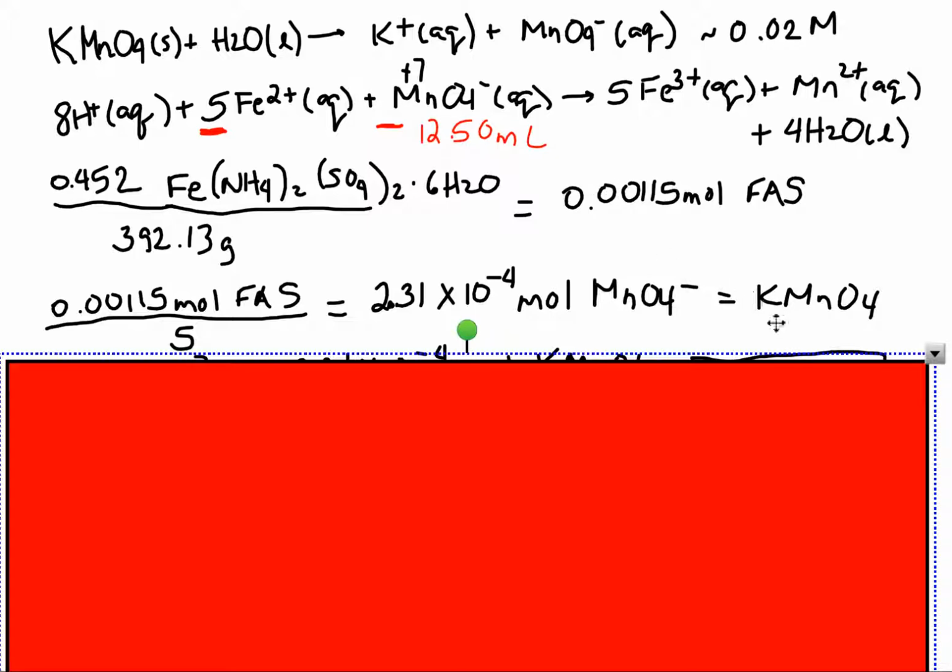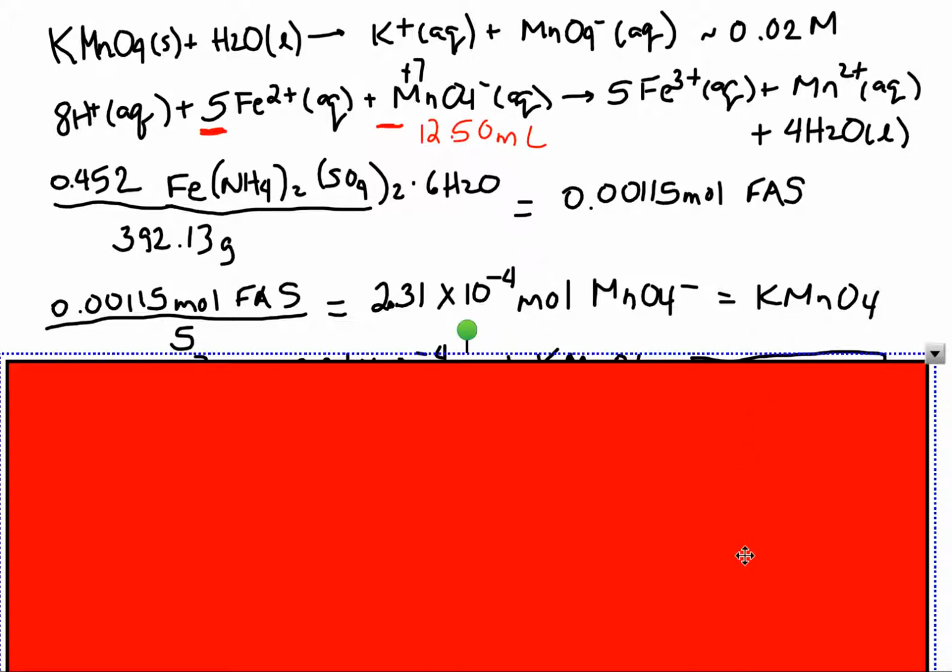But remember what I said, when I'm in moles, the moles of permanganate equal the moles of potassium permanganate because it's a 1-to-1 ratio. We're not finding the concentration of permanganate ion, we are finding the concentration of potassium permanganate, but we find the moles of permanganate first because it is in the balanced net ionic equation. I hope that makes some sense.